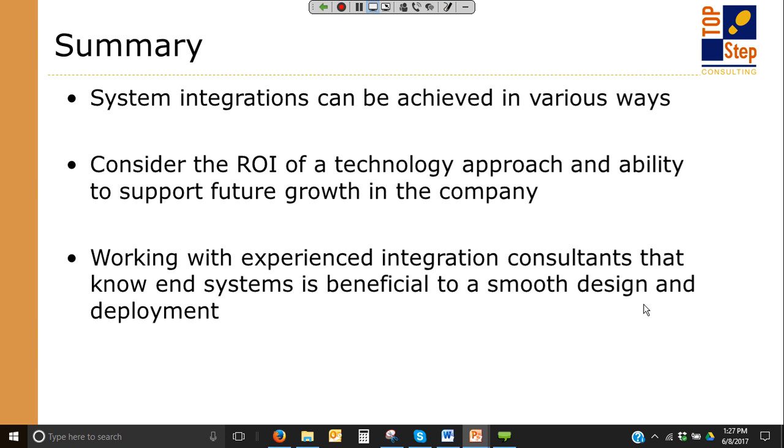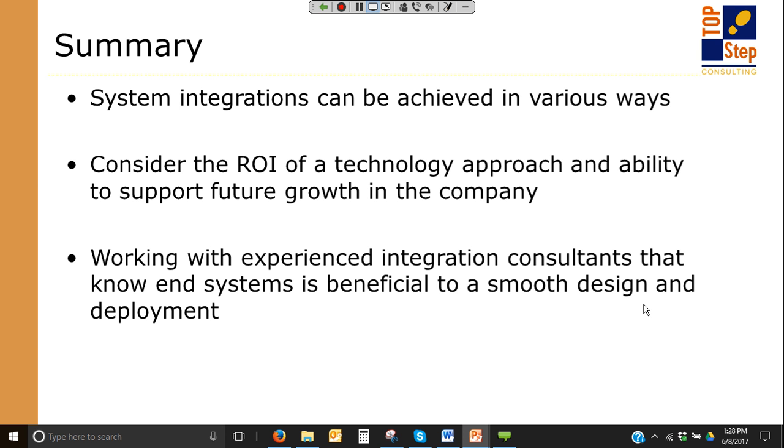And one of the things, sort of a selfish plug for us, is I find that when you're working with integration consultants, there's integration understanding and then there's end system understanding. And you can't really dismiss the need to have someone understand the system that is being connected to. OpenAir is a very different system. It's got its own database, just like many systems have their own structure, their own processes, business processes, dependencies.